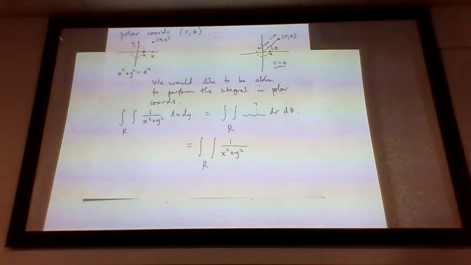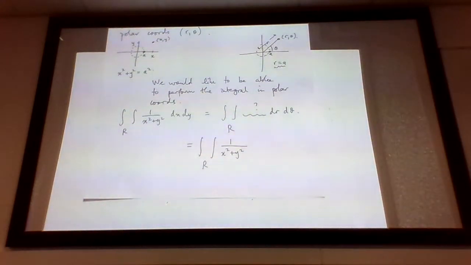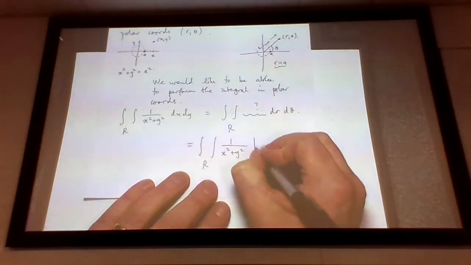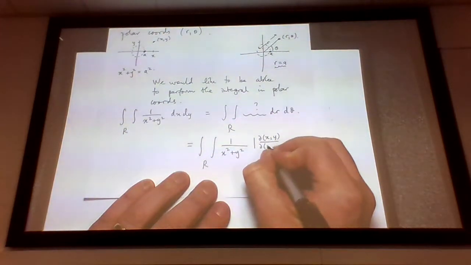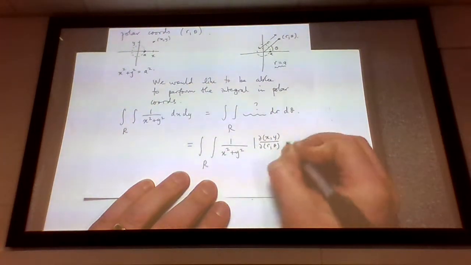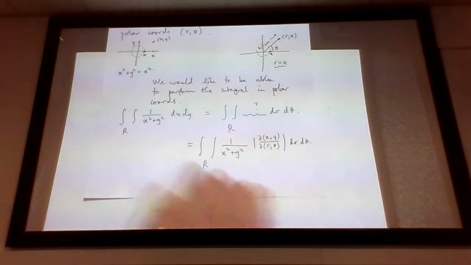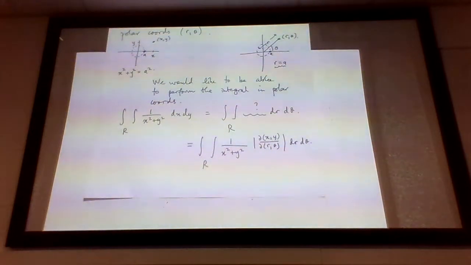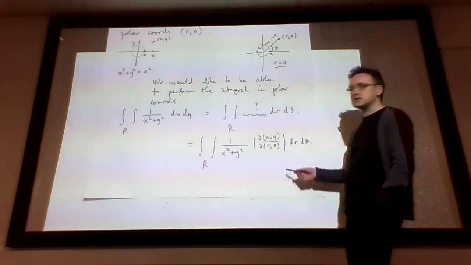It isn't just as simple as putting dr d theta here. We need an extra factor. The extra factor we need is this thing which we studied a few weeks ago, the Jacobian of the transformation from the Cartesian coordinates to the polar, to the new system of coordinates. Not just the Jacobian determinant, but its absolute value.